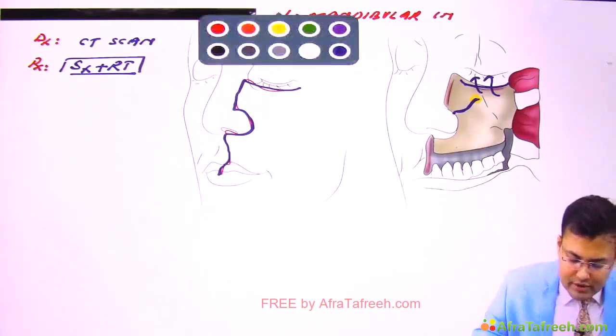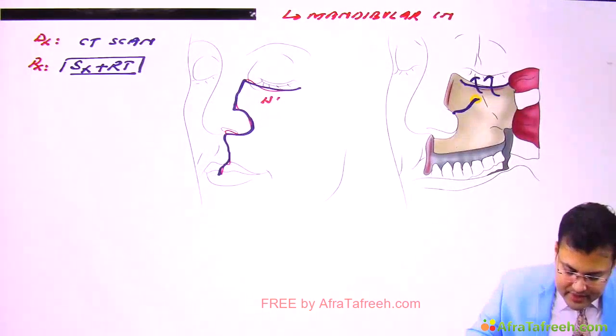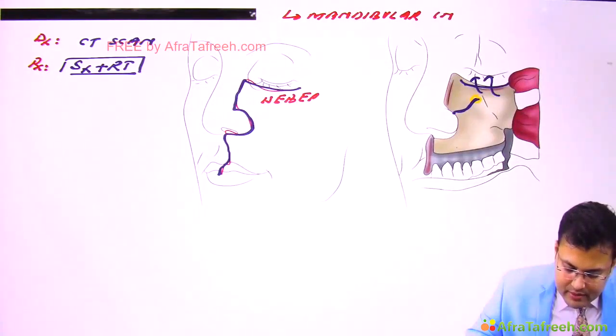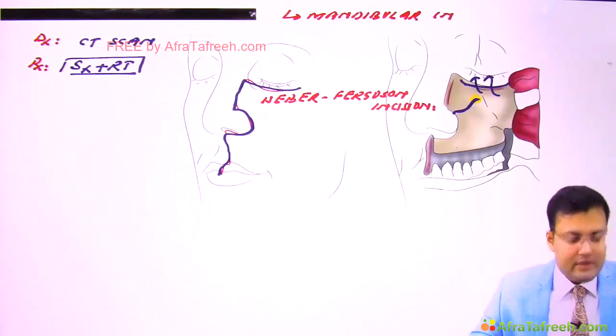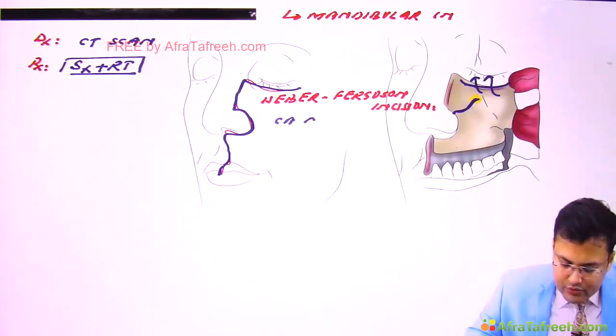So when this floor of orbit is involved or there is involvement of the infraorbital nerve, in those cases this Weber-Ferguson incision is used. So first important question, the name, it's known as Weber-Ferguson incision. Okay, and it is used for carcinoma maxillary sinus. In which cases? Not in all cases.